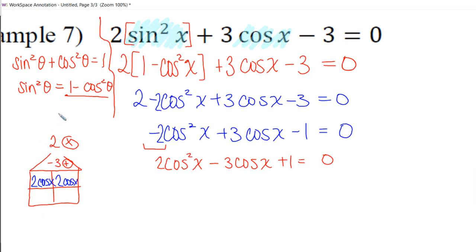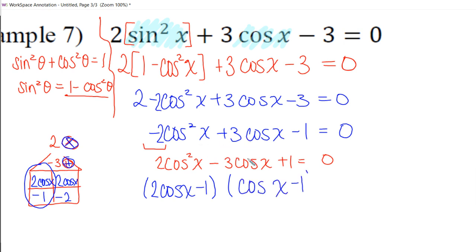Now we're looking for 2 numbers that multiply to give us +2 and add to give us -3. That seems like it'll be -1 and -2. And then the first little column becomes a parenthesis of 2 cosine of x minus 1. And this side, it reduces, so this just becomes cosine of x minus 1 equals 0.